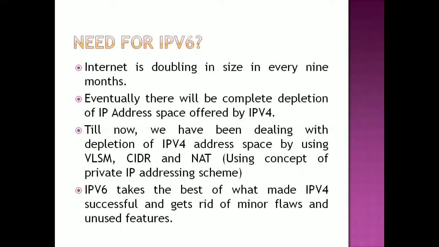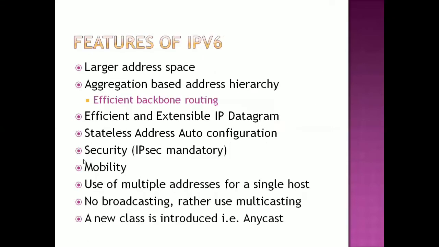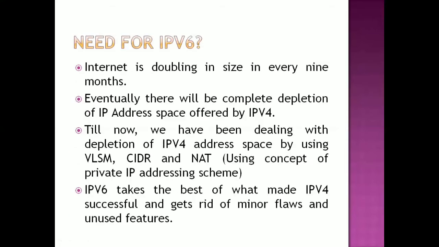So these three methods, VLSM, CIDR and NAT, helped us to basically extend the time period in which the IPv4 addresses get depleted. But eventually, the IPv4 addresses will be completely wiped out, and there will not be any other IPv4 address available for the new hosts coming into the internet world.